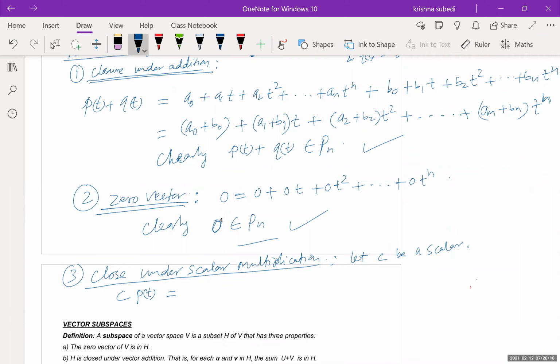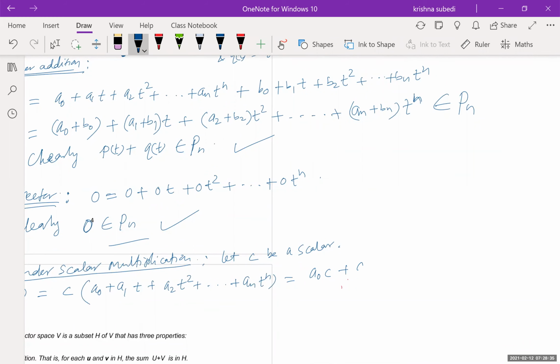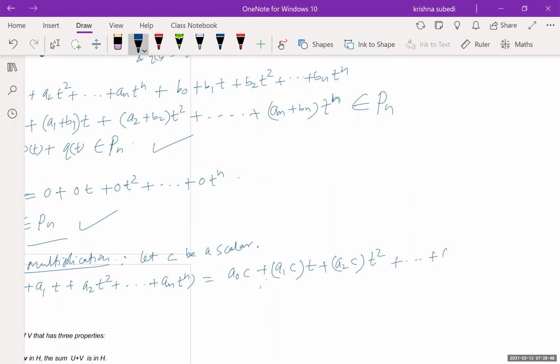So C of P(t) equals C times A naught plus A1 t plus A2 t square plus all the way up to AN t^n. So I can write this as A naught C plus A1 C t plus A2 C t square plus all the way up to AN C t^n.